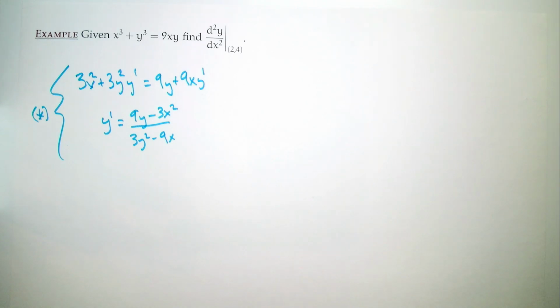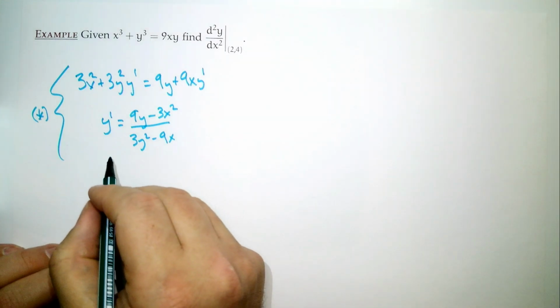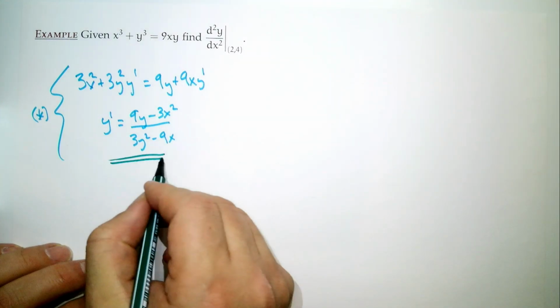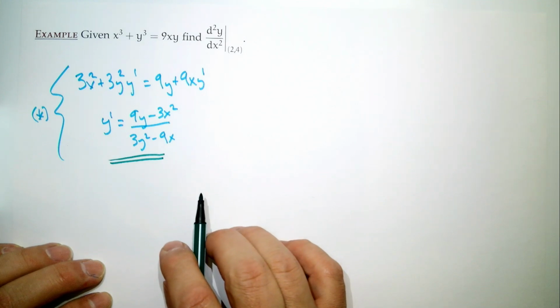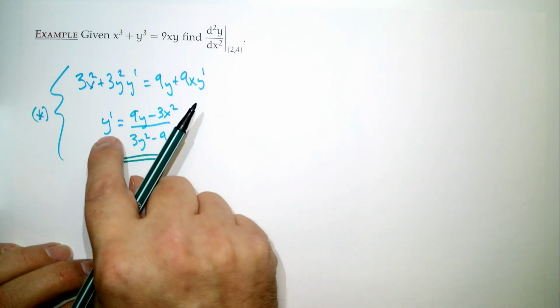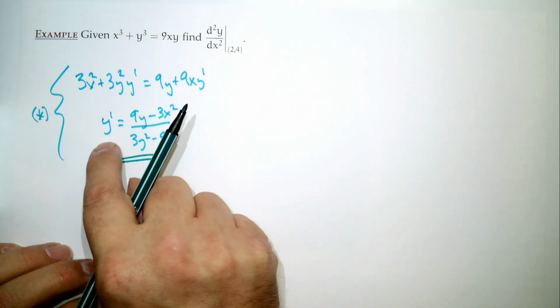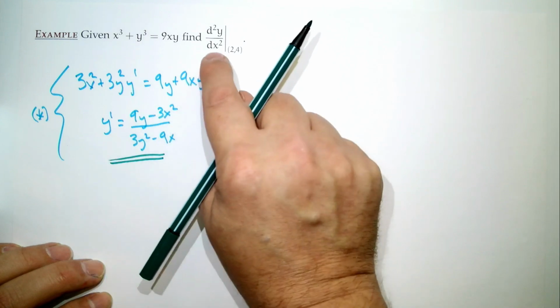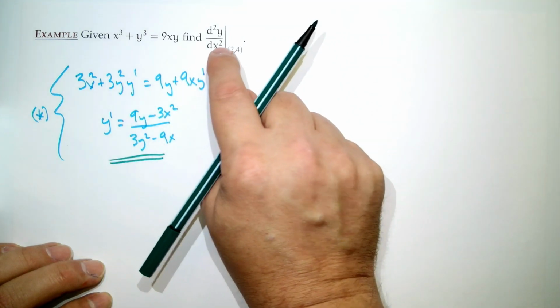Okay, if you insist. Well, let's suppose we take this second option: y prime is 9y minus 3x squared over 3y squared minus 9x. And we take the derivative of both sides. What's the derivative of y prime? y double prime, which is what we want.